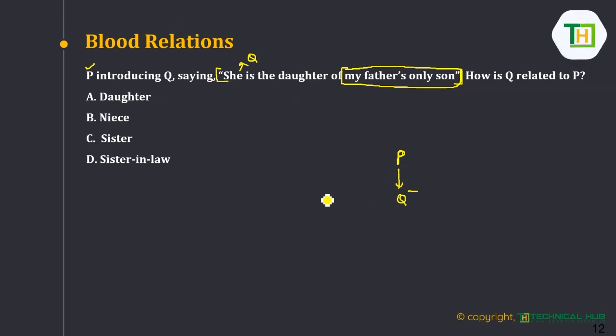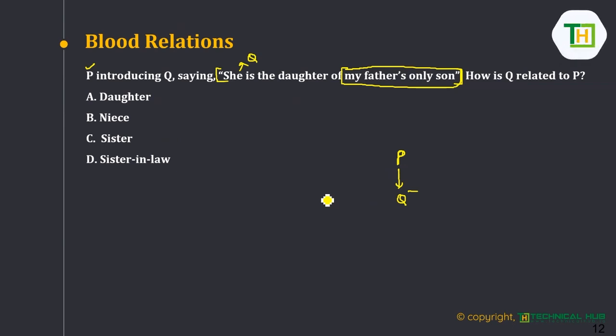Understand? The speaker is saying that my father's only son is nothing but P himself, if P is a male person. If P is a female person, then P's father's only son will be P's sibling.